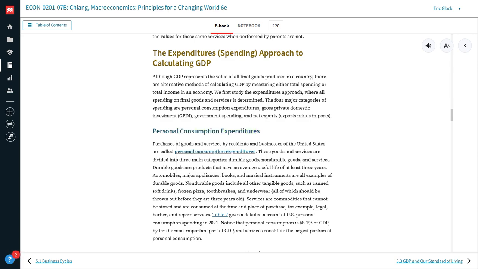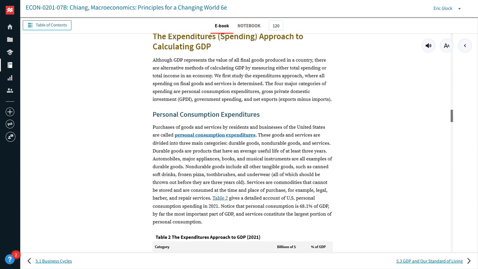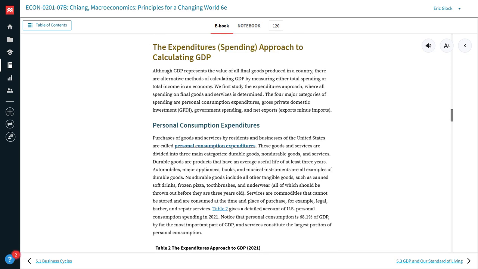Okay, so this is what I'm trying to highlight. The expenditures approach. This is super no-brainer, at least at this level.